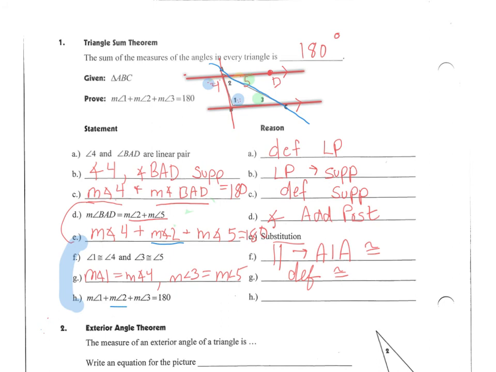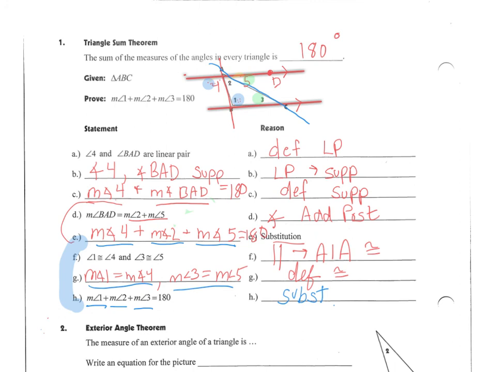But what's happened is the measure of angle 4 is now in place of where angle 1 is, because we've said that to be true up here. And the measure of angle 5 has now been replaced by the measure of angle 3, because we have said that here. And therefore replacement tells me that that is substitution.